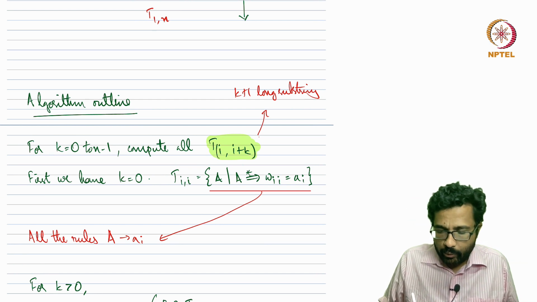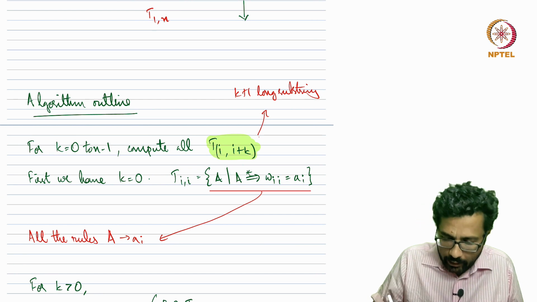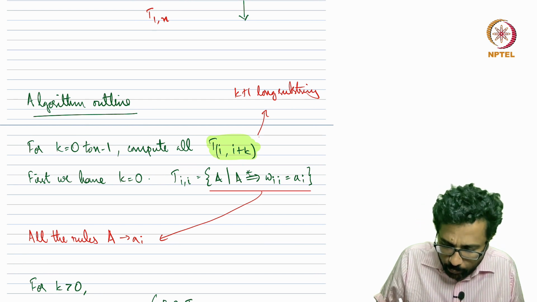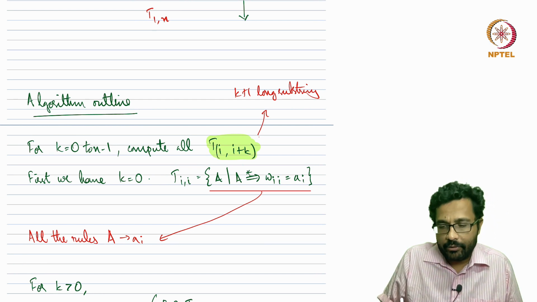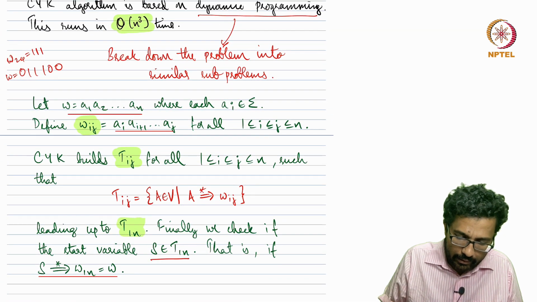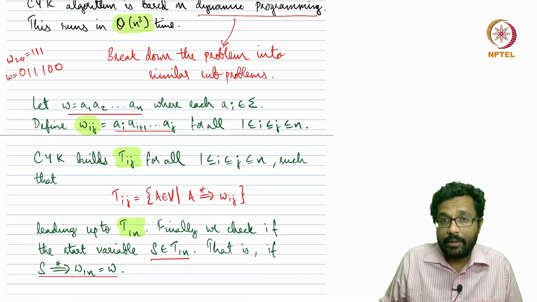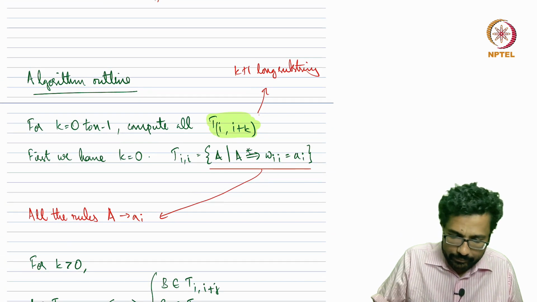So strings of length 1 means Tii, k is 0. We are asking whether there are variables A from which Wii can be derived. Wii, if you remember, is from the ith symbol to the ith symbol, so it's basically just the symbol ai.